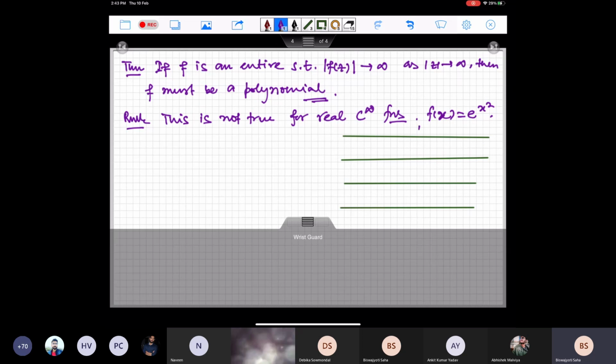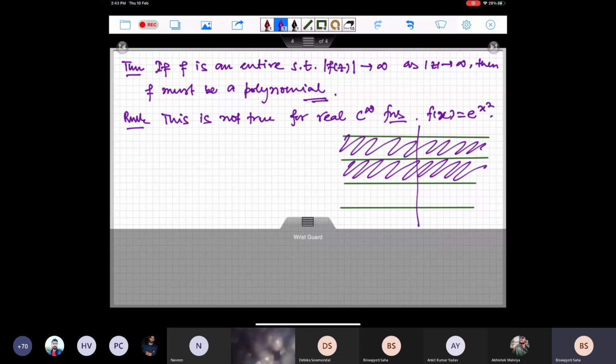So if I draw a strip like this, whatever value is taken here, the same value will be taken here, right? So as the modulus goes to plus infinity along the y-axis, you will see that several values are getting repeated again and again. So therefore, clearly, you cannot say that mod of f of z really tends to plus infinity. Okay, so that's not true.